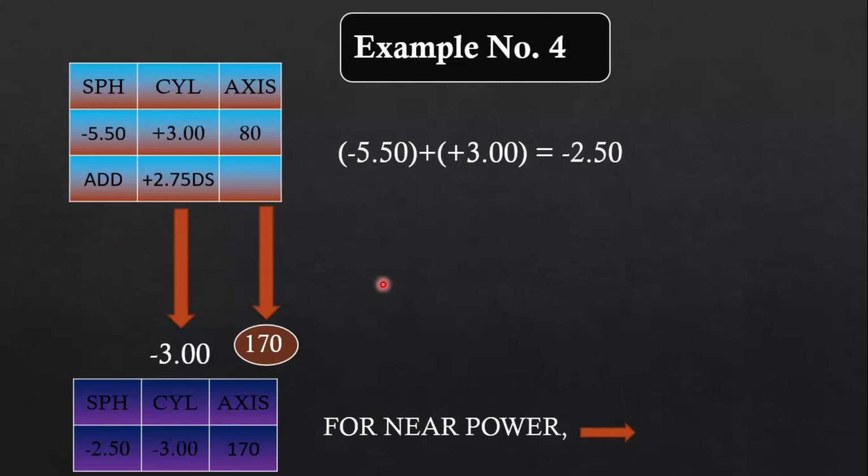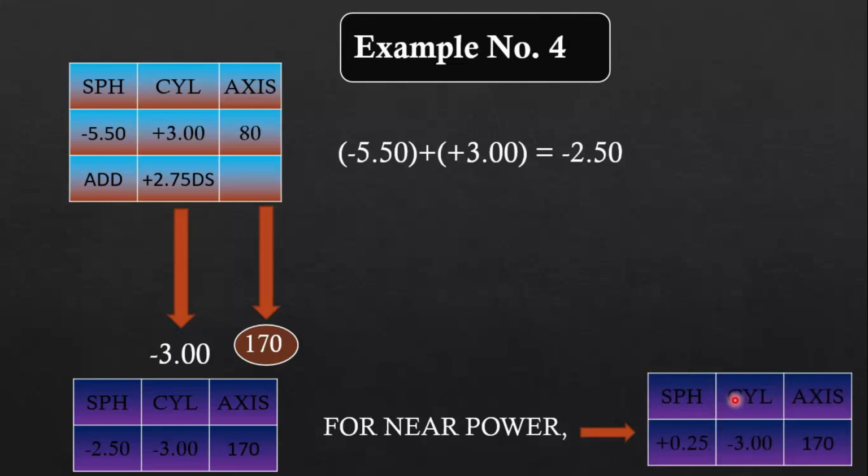After adding algebraic numbers plus 2.75 and minus 2.50, you will get the new spherical value for reading power, that would be plus 0.25 diopter sphere. So, for near prescription after transposing, the prescription would be plus 0.25 diopter sphere with minus 3 diopter cylinder at the axis of 170.